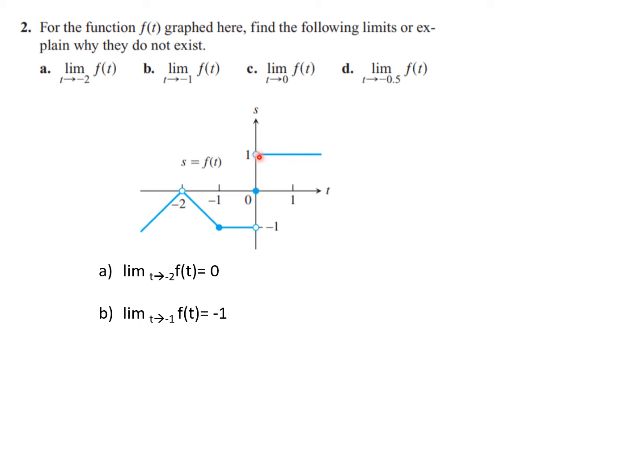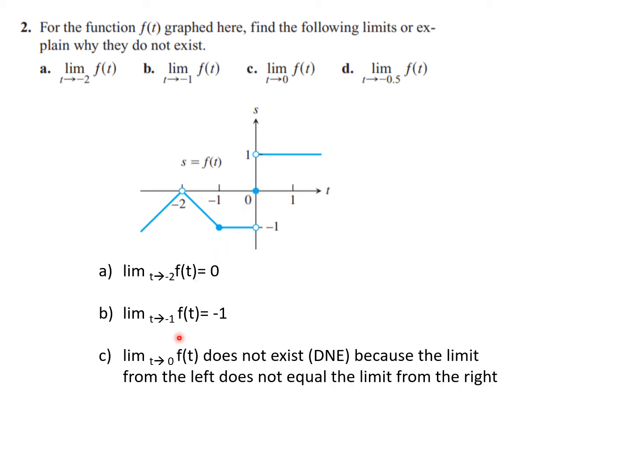Since there is a jump over here, the limit does not exist. And f of 0 is equal to 0, but the limit does not exist, because the limit from the left does not equal the limit from the right.